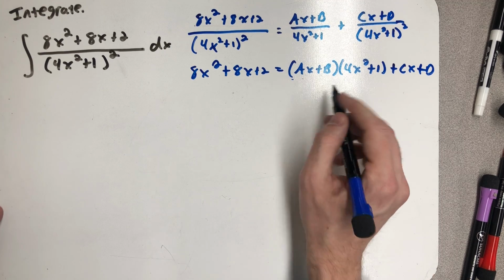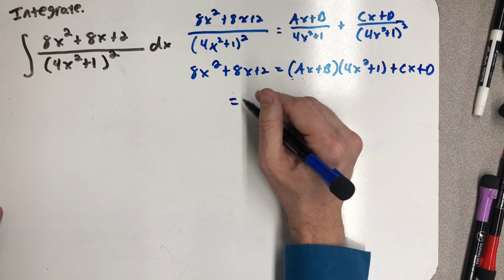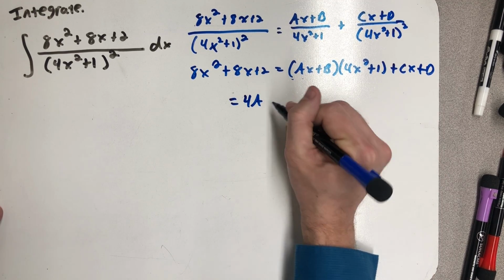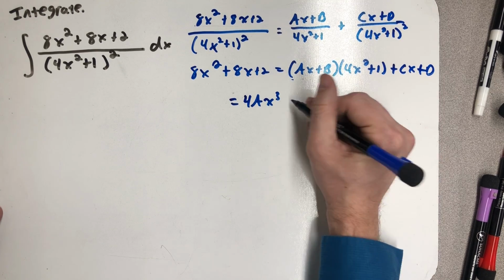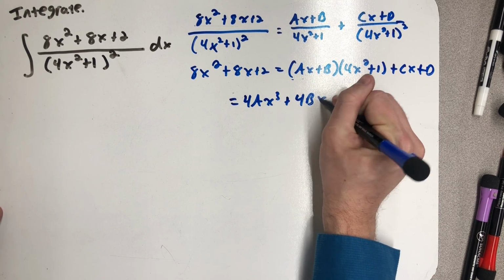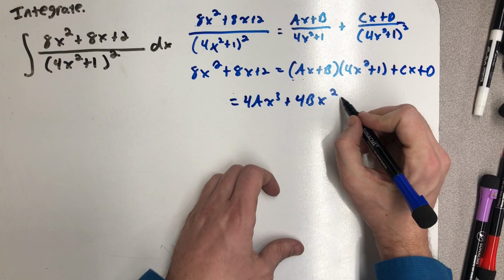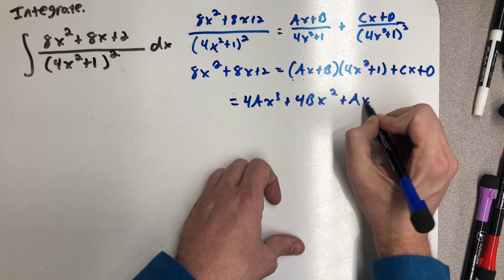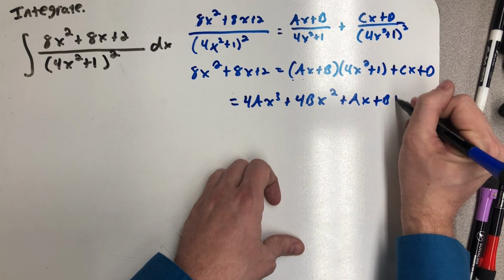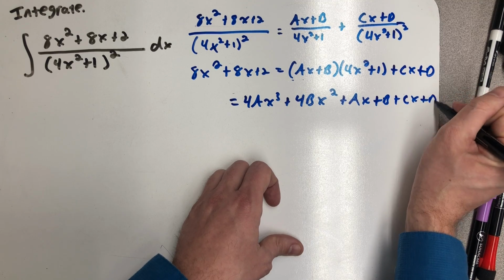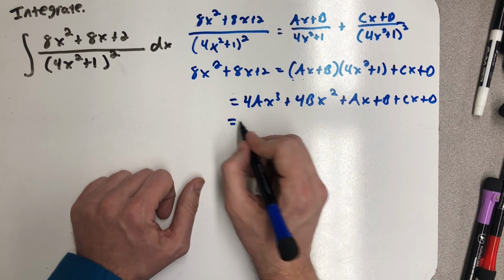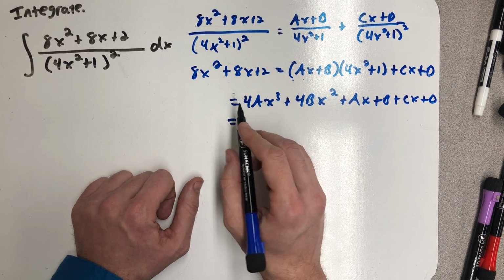I need to do a little multiplying here. So I get 4a x cubed plus 4b x squared plus ax plus b. And still that's cx plus d here, so plus cx plus d. That's the only term with a cube in it.